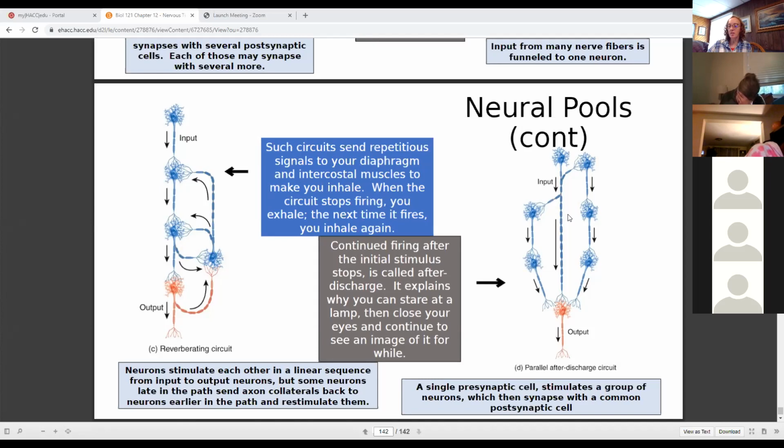So parallel after discharge means that in addition to synapsing with the postsynaptic neuron, it's going to stimulate other presynaptic neurons that are also going to synapse with that postsynaptic neuron.